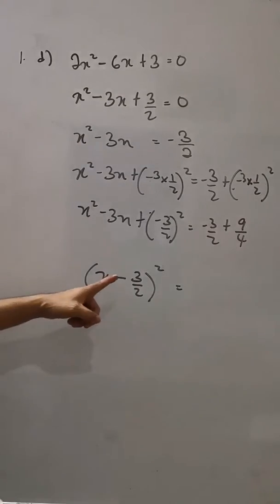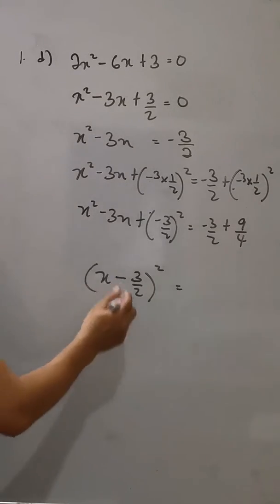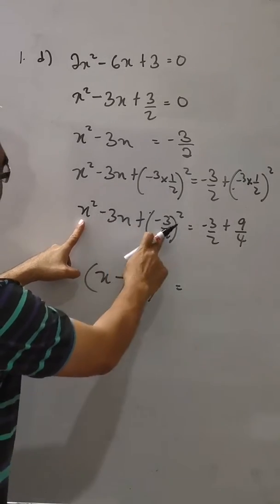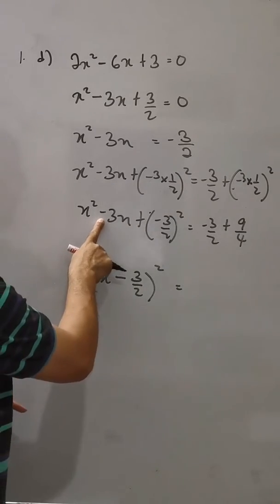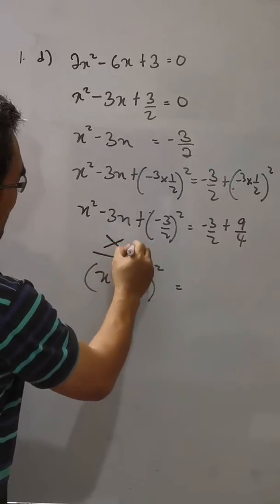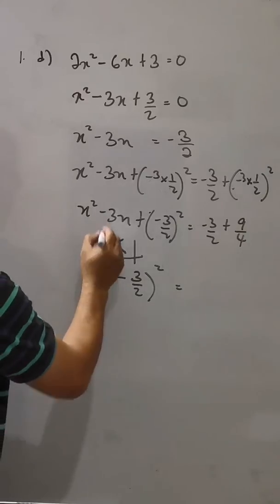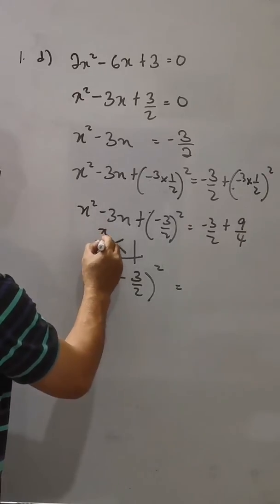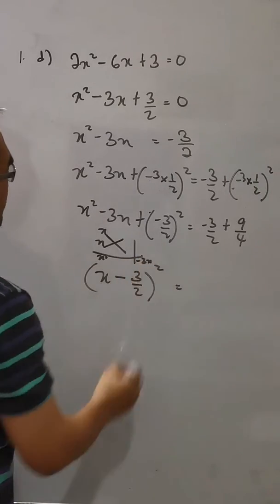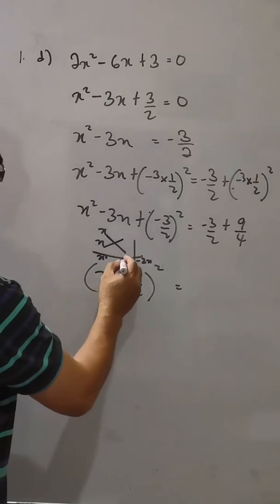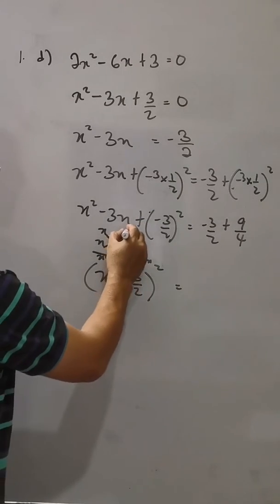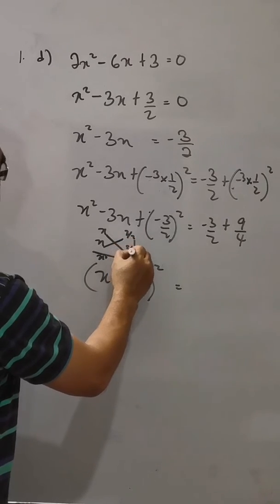Even though I think you understand, I will still show you how I get this. Just follow 1, 2 and 3. Follow x, follow the symbol. If you do factorization, x squared will be here, x times x, and negative 3x will be here. So here will be 9 over 4, which is 3 over 2 times 3 over 2.